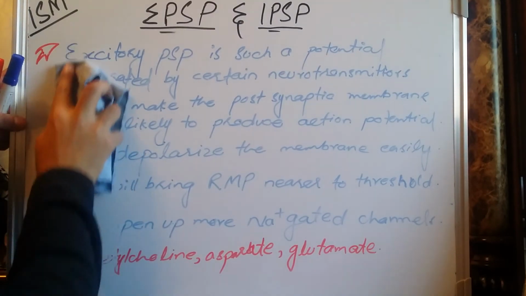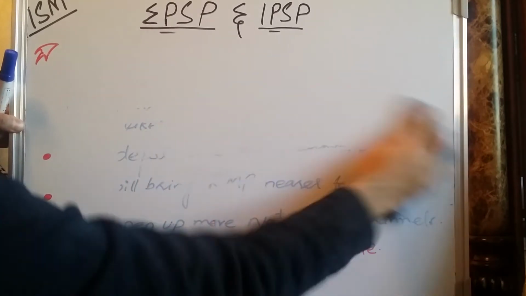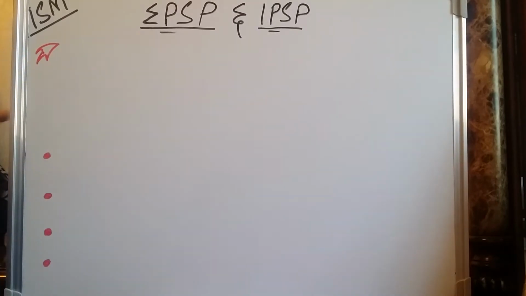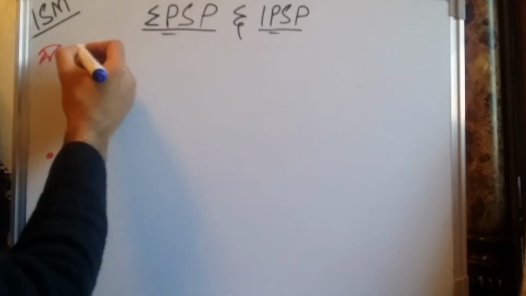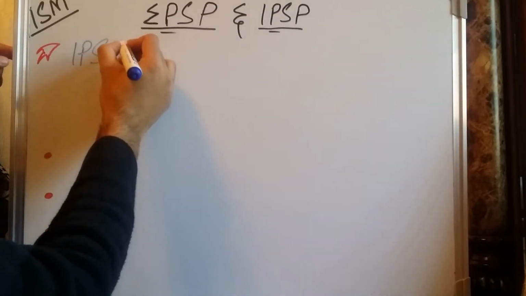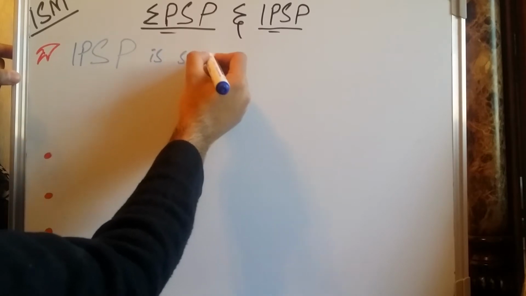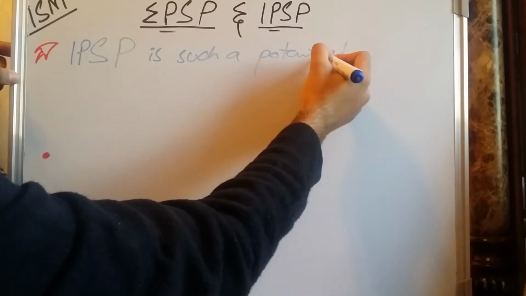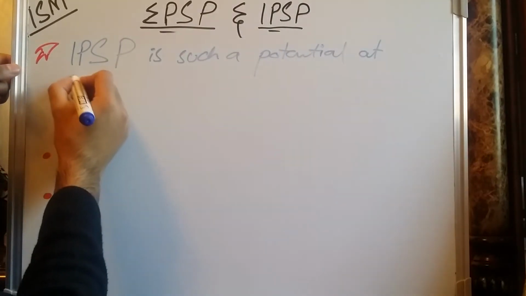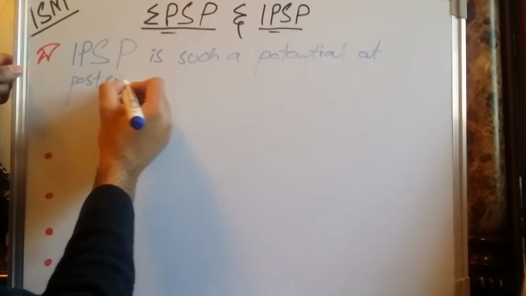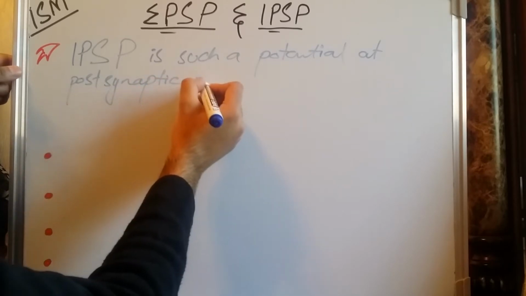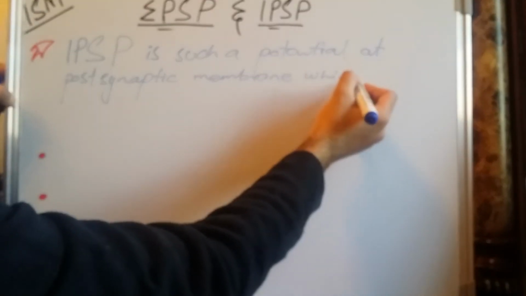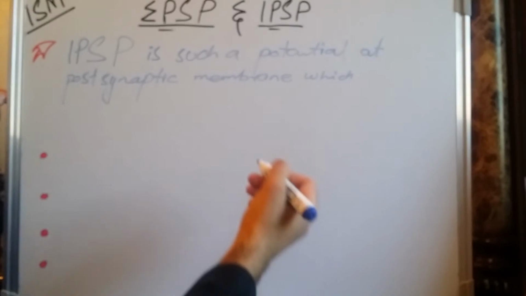Now we will discuss the inhibitory postsynaptic potential. Inhibitory postsynaptic potential is a potential at the postsynaptic membrane produced by certain other types of neurotransmitters.